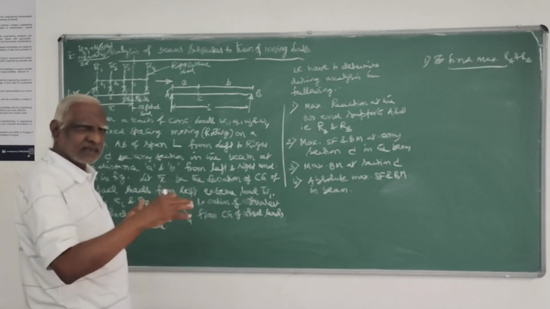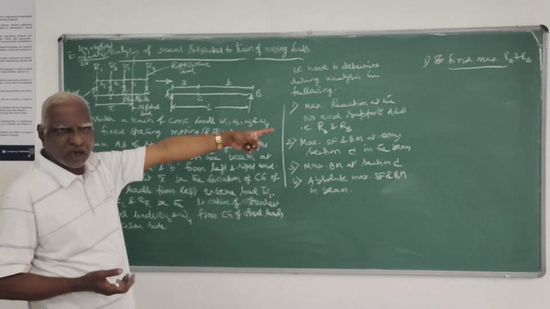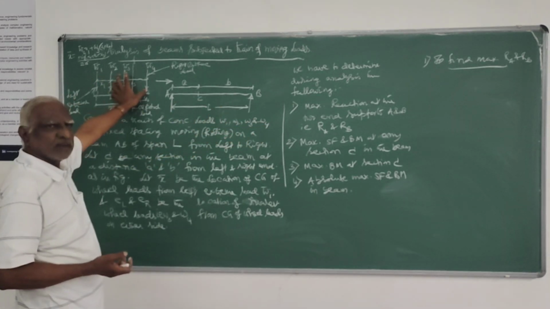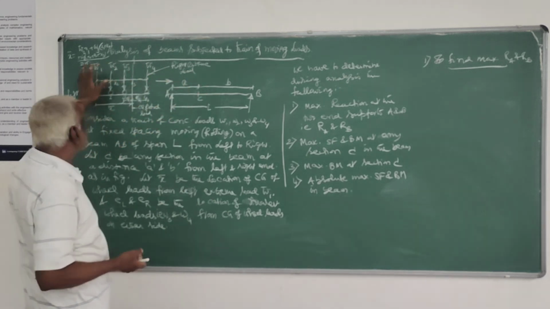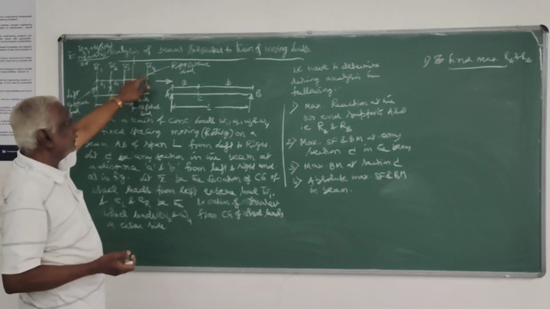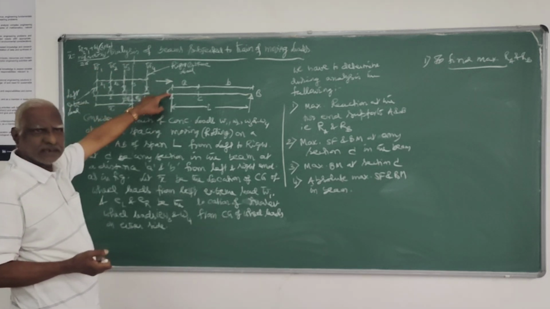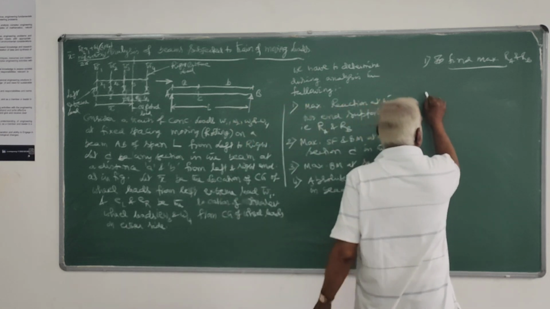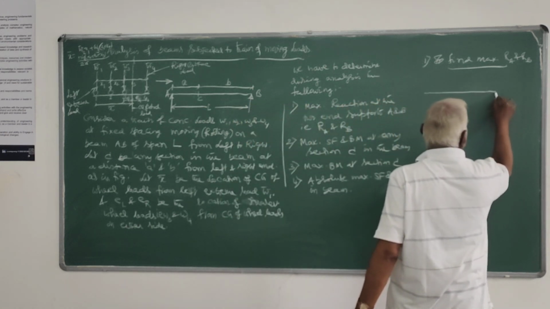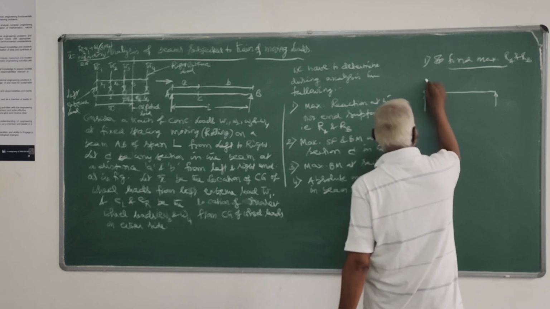As we have seen in the UDL case, here also, to get maximum RA and RB, all these wheel loads have to occupy the span, with the extreme left load occupying the position A. That will be the critical position of these wheels to get maximum RA. The position has to be like this.